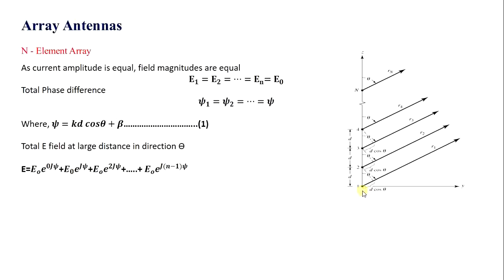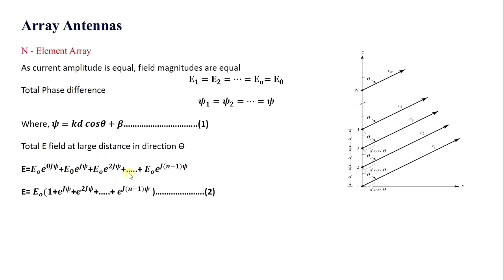You can see over here the phase is increasing uniformly, and in the figure E0 is the amplitude which we have considered to be the same.